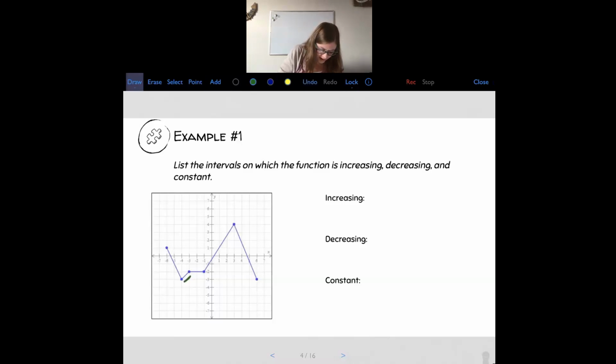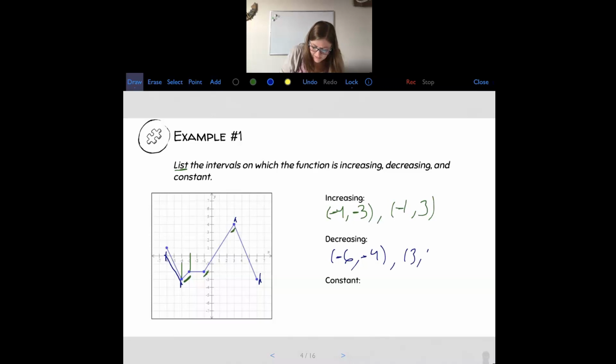So first for increasing, it's where our graph is going up. It goes up from x negative 4 to negative 3, and then it also goes up from negative 1 to 3. Again, these are x values, and the instructions say to list the intervals, so we'll separate our intervals using commas. Decreasing is where the function is going down, so it goes down from negative 6 to negative 4, and then also from 3 to 6.